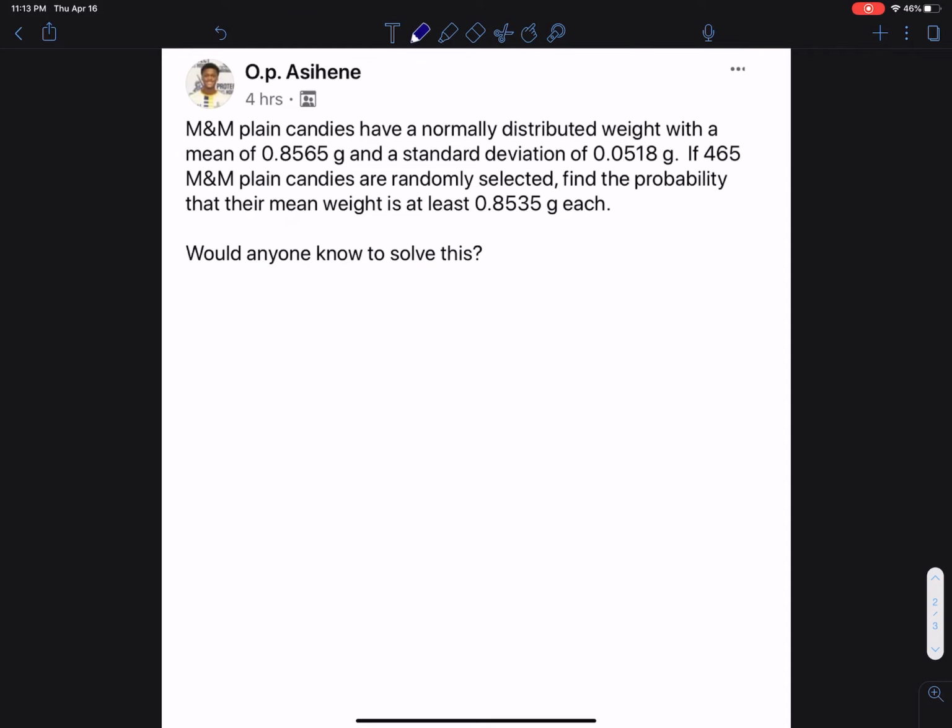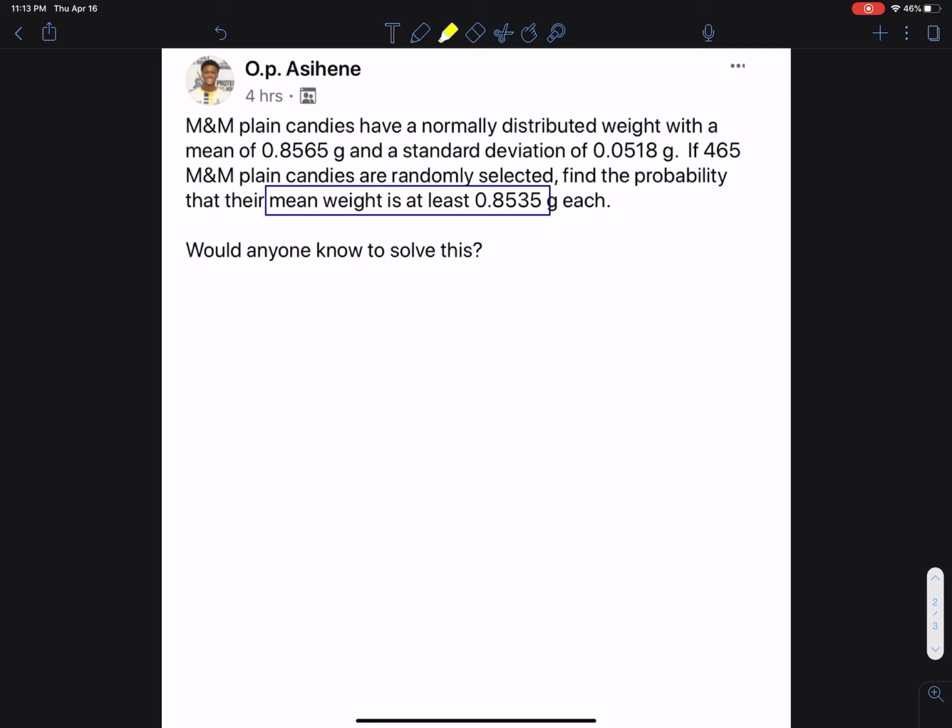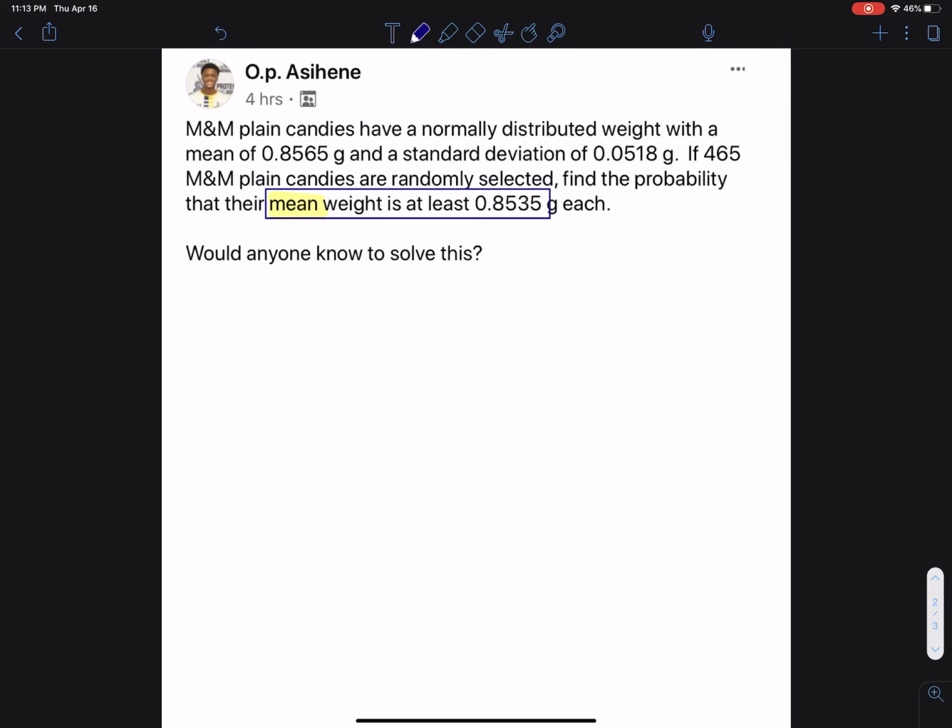And we're trying to find the probability that the mean weight is at least some value. Okay, it's important to realize that we are talking about the mean. You need to understand something. We're talking about the mean weight of M&M candies. Now it says that M&M candies have a weight that is normally distributed.